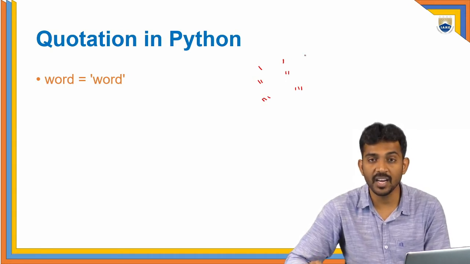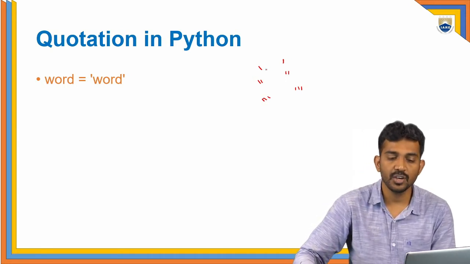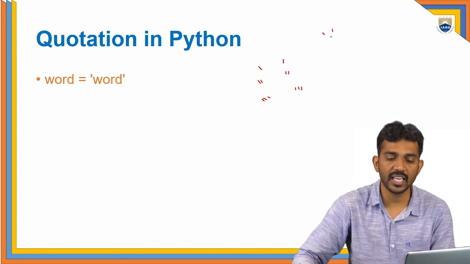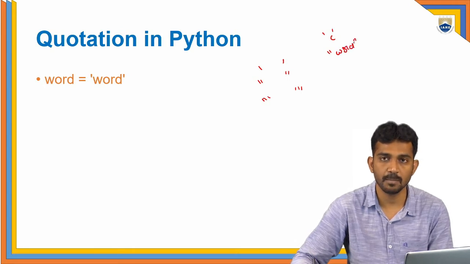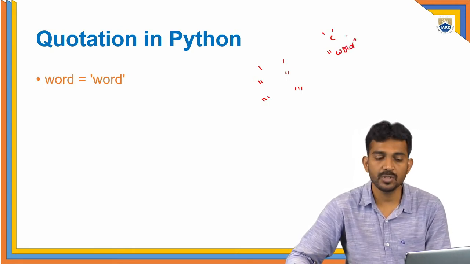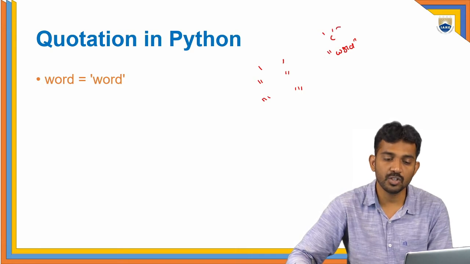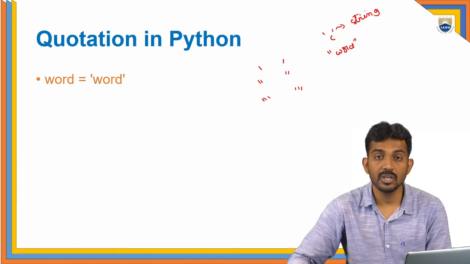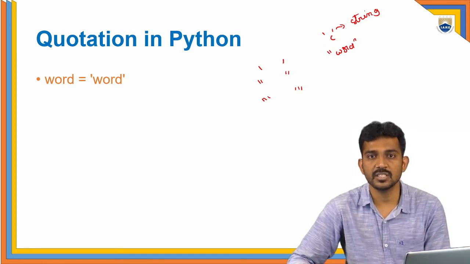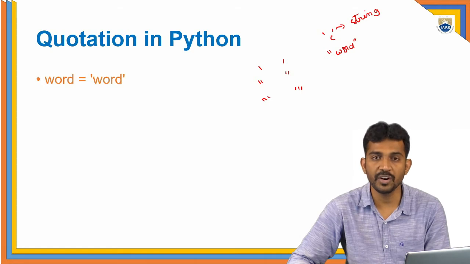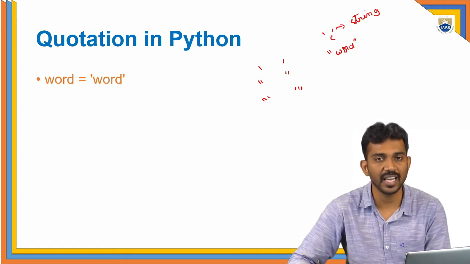If you have an idea of the C language, generally the single quote is for a character and the double quote is for a string. But Python supports the single quote for strings as well. There is no separate character type in Python. You have only the string type.